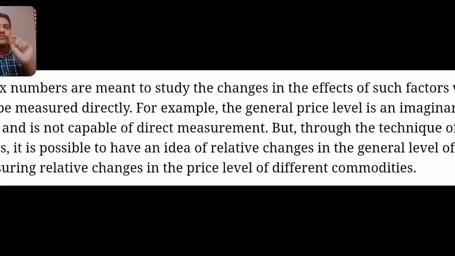For example, the general price level is an imaginary concept and is not capable of direct measurement, but through the technique of index numbers it is possible to have an idea of the relative change in the general level of price by measuring the relative change in the price level of different commodities.